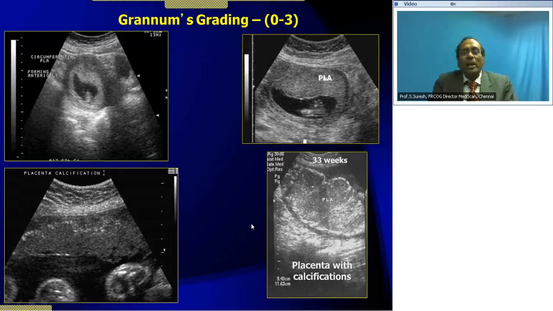So calcification of the placenta essentially for us is worrisome where it occurs very early in pregnancy. Let's say the late second trimester if you have calcification. Usually calcification is seen in the third trimester. If you start seeing calcification in the second trimester, we need to raise our eyebrows to see whether the baby will have growth restriction.